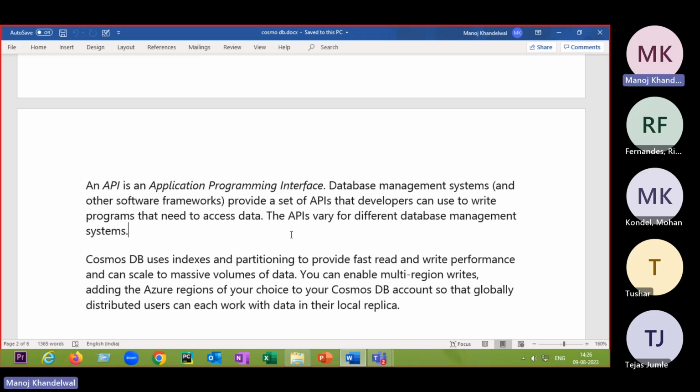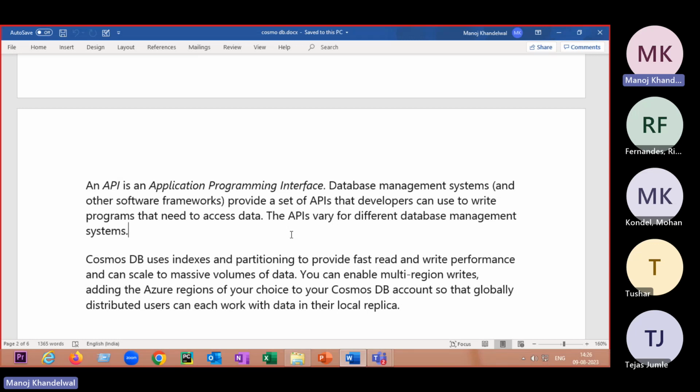But the same thing a programmer can do using APIs. If you know Python or Java or .NET or C Sharp, any programming language, you can create a storage account through that also. That means without logging into the Azure portal manually, the program can connect to the portal through APIs.